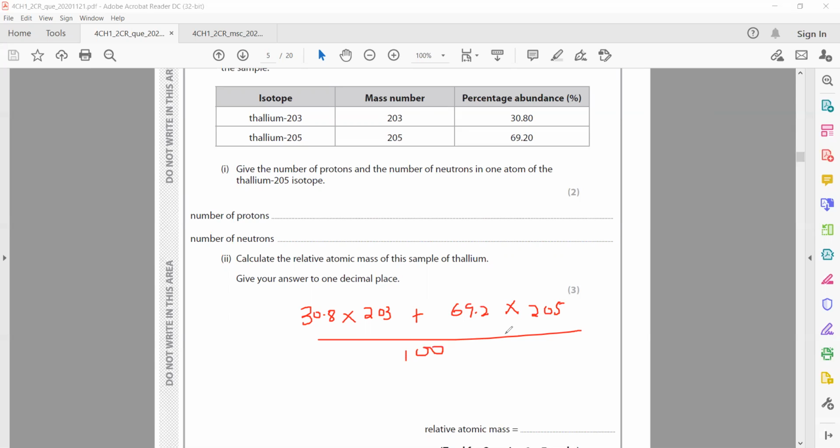Using this formula, we get the average mass of the two isotopes, which will be 204.4.